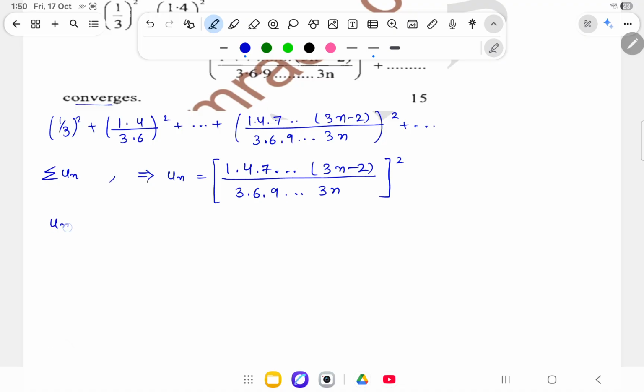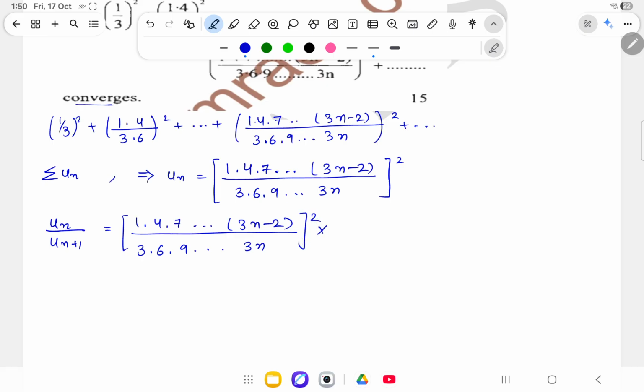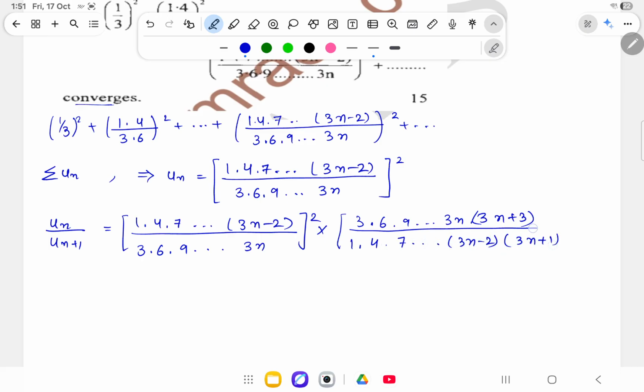So for ratio test we are supposed to find out this term first, that is un by un plus 1. So if we calculate it, it will be equal to 1 times 4 times 7 up till 3n minus 2 divided by 3 times 6 times 9 up till 3n whole square, and the term 1 by un plus 1 will be equal to 3 times 6 times 9 up to 3n plus 3 divided by 1 times 4 7 3n minus 2 and 3n plus 1 whole square.